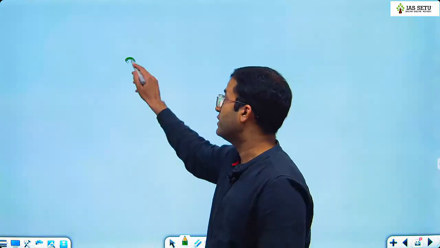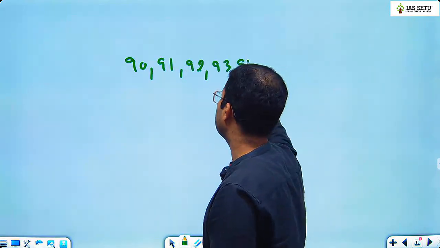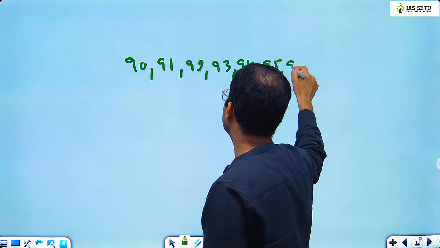Tell me 7 consecutive 2-digit natural numbers which are composite. Starting from 90 up to 96: 90, 91, 92, 93, 94, 95, 96.